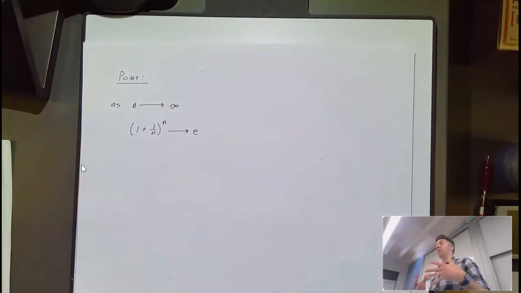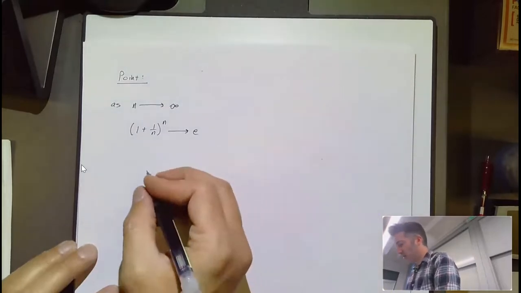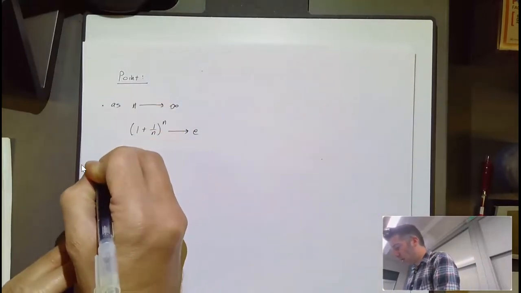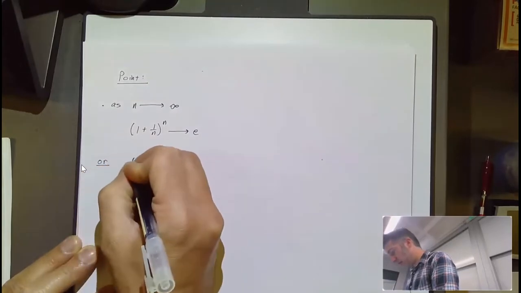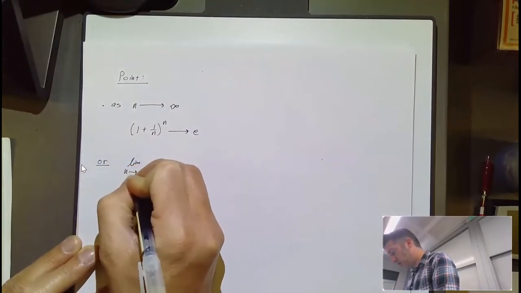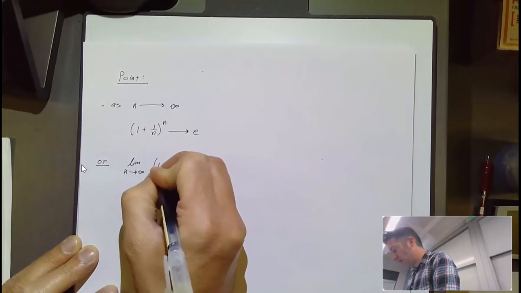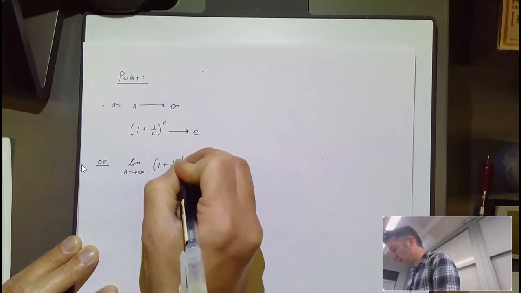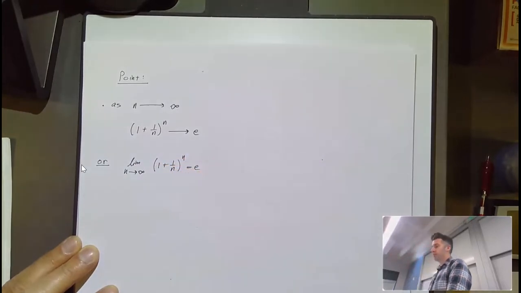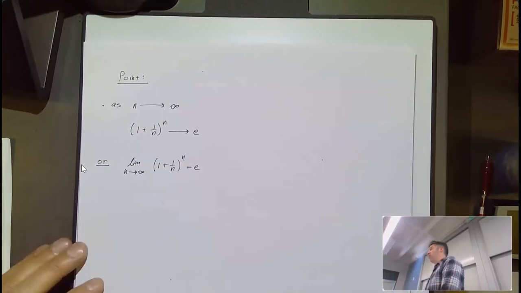That's really the whole deal there. Another way of writing it is the limit as n goes to infinity of 1 plus 1 over n to the nth power is e. These mean the same thing, just a different way of writing it.